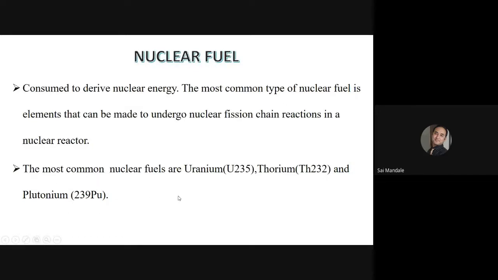So uranium, thorium, and plutonium are the three different nuclear fuels that we are using. So how do these nuclear fuels come into the picture, or what exactly are they doing to develop the electricity? The most common type of nuclear fuel is an element that can be made to undergo a nuclear fission chain reaction in the nuclear reactor.